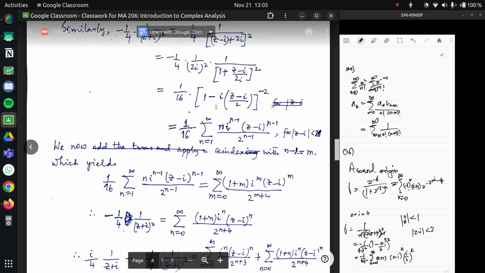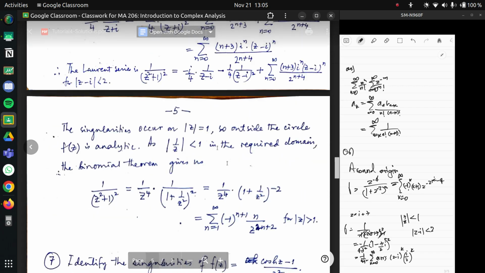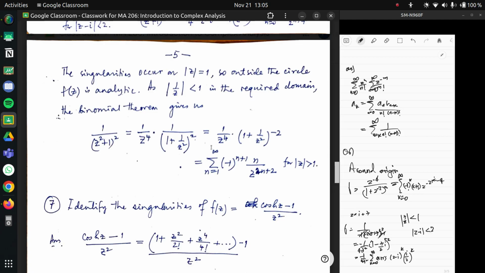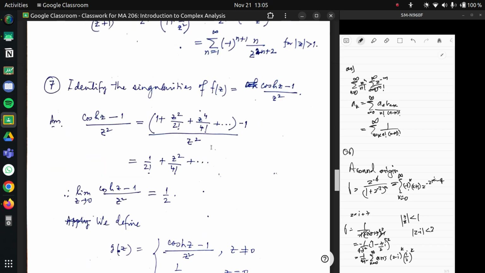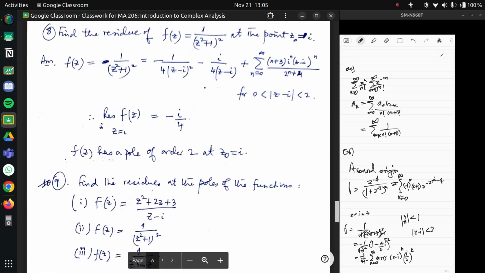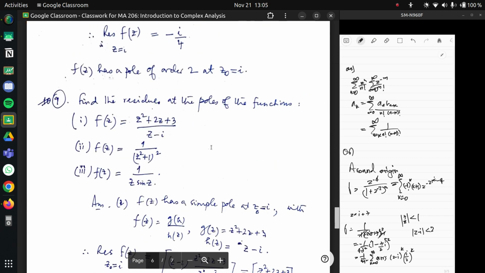Okay, so you have two things. One is that z less than 1, you can do that. Z bigger than 1, you can do that. Order 2, sure. We had the same thing, right?